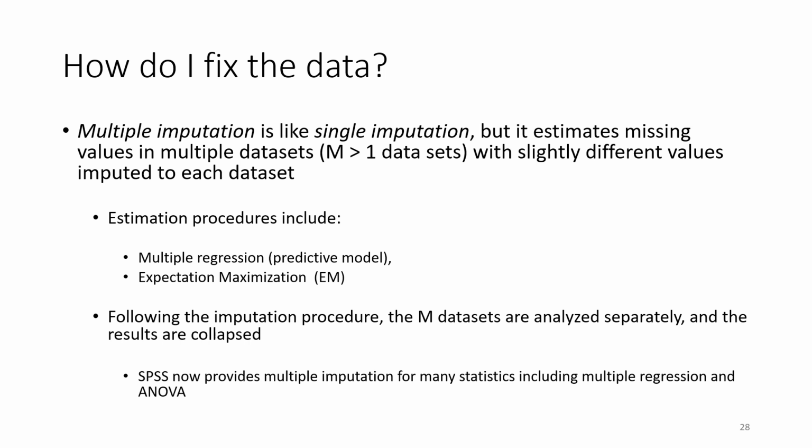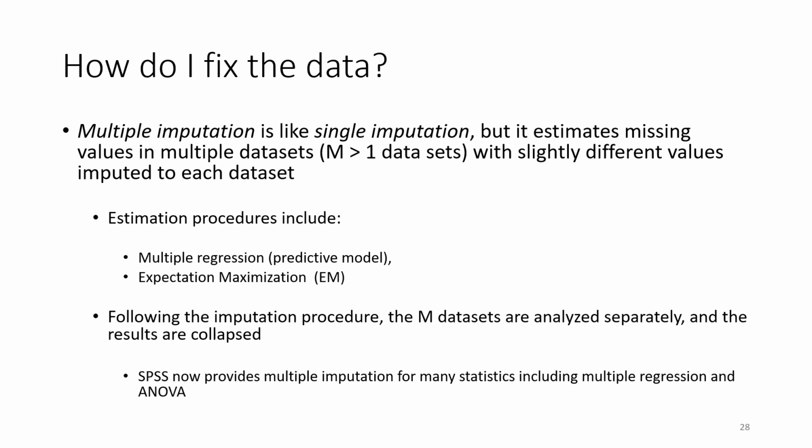So what this means is that we're acknowledging that the data point that is imputed is not likely to be the exact data point that should have been imputed. That is, we're acknowledging through multiple imputation that there is error in our estimate of what value should be imputed.